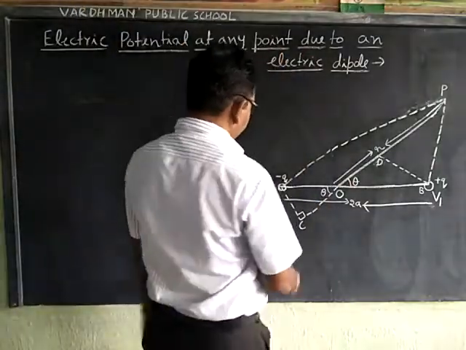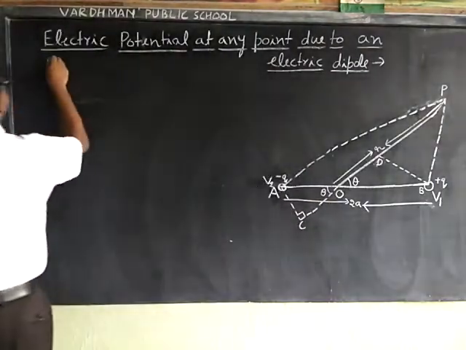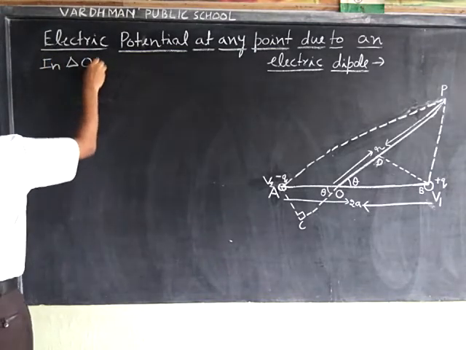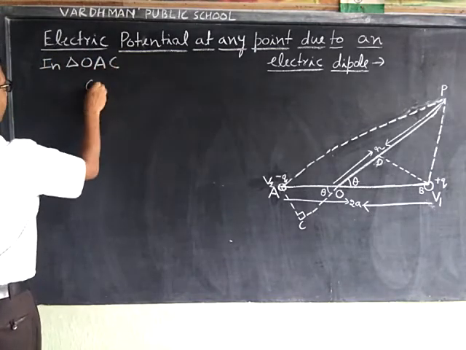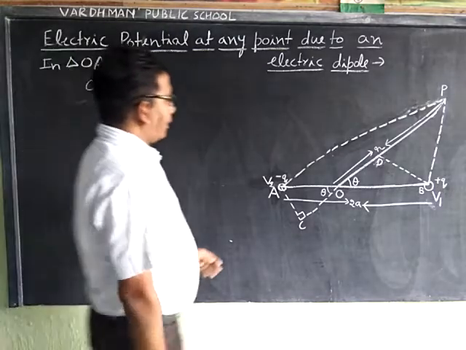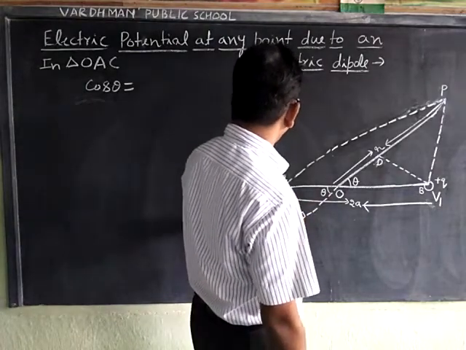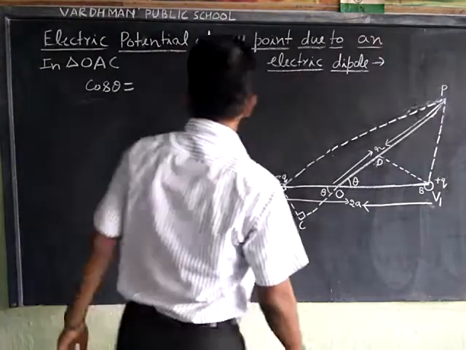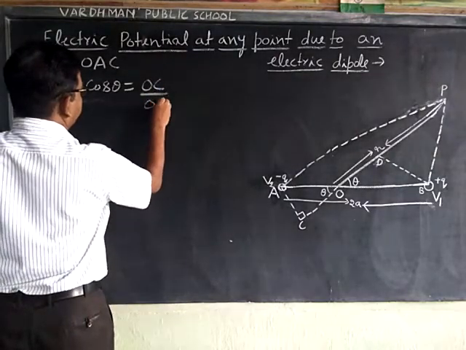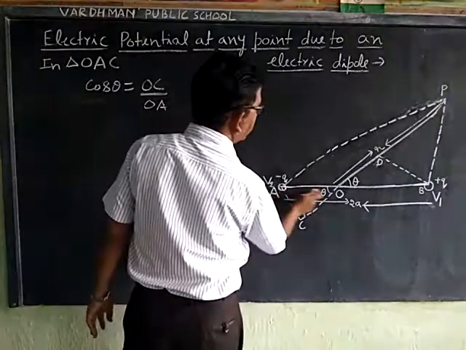Now, in triangle OAC, cos theta is equal to base upon hypotenuse, base OC upon hypotenuse OA. Now, what is the value of OA?